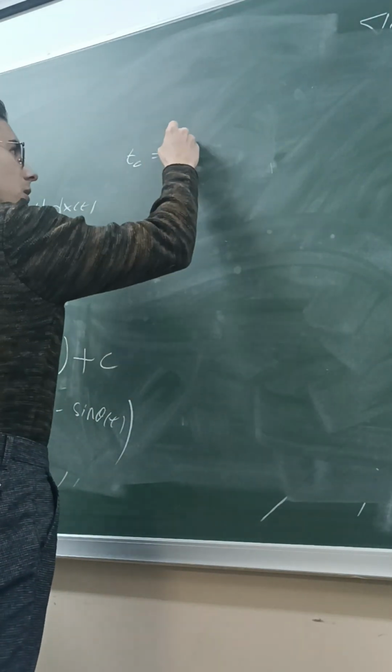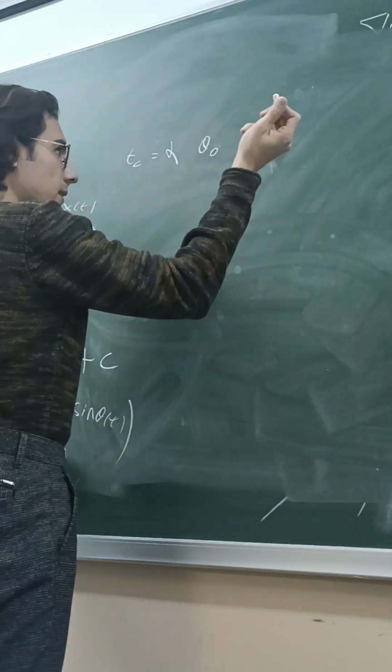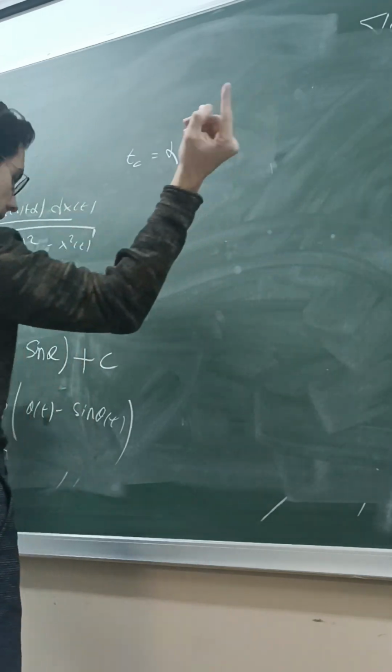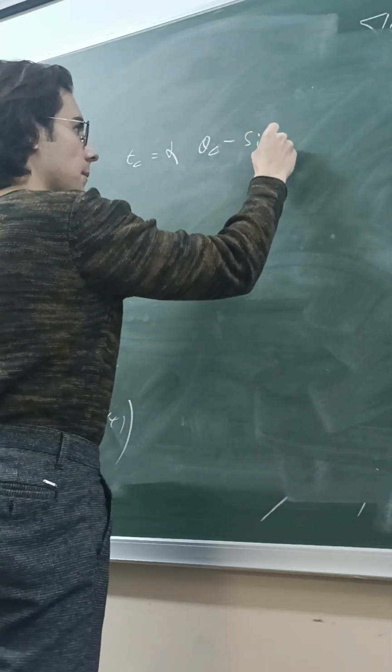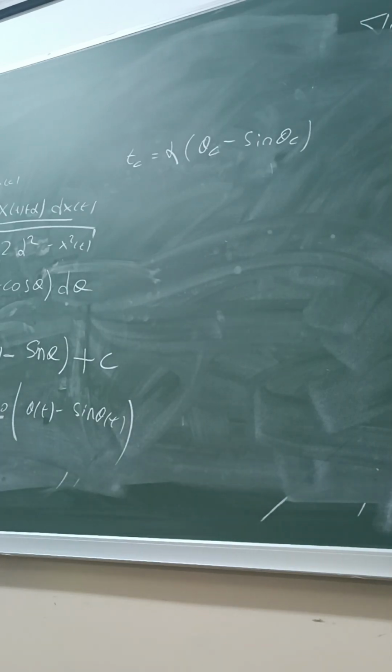So we have, I'm not going to write it down again, alpha, theta naught, for example, or theta c, some critical value, times sine theta c.